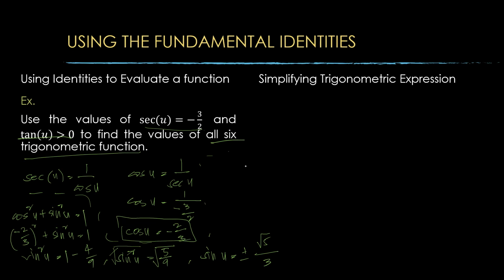Right? Okay, because tangent of u is equal to sine of u over cosine of u. Since we have a negative cosine of u, that is negative 2/3, we need the negative root of our sine. So this will become negative square root of 5 over 3 over our cosine of u, negative 2 over 3. The negative sign cancels out.